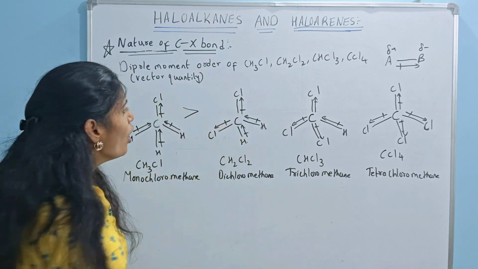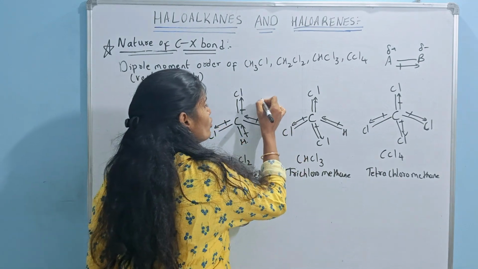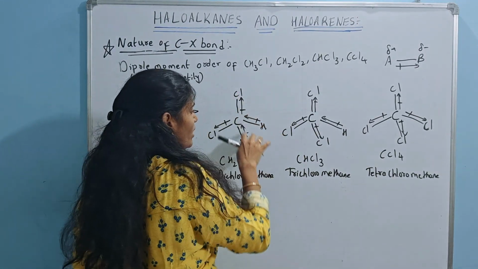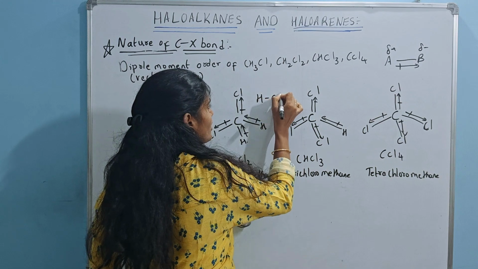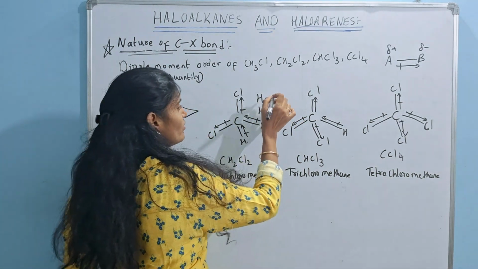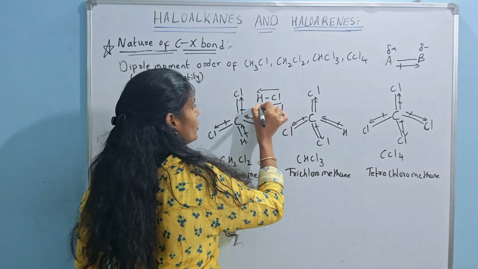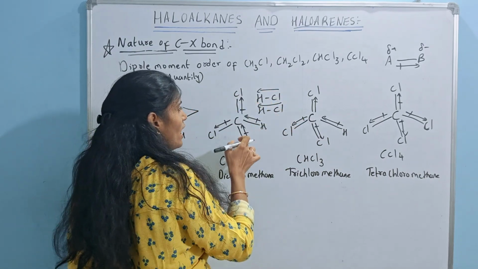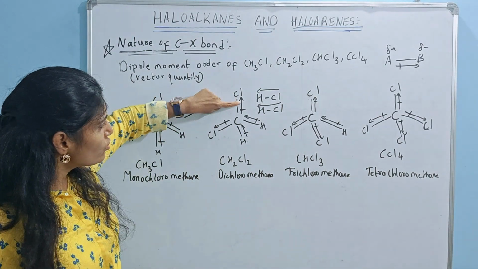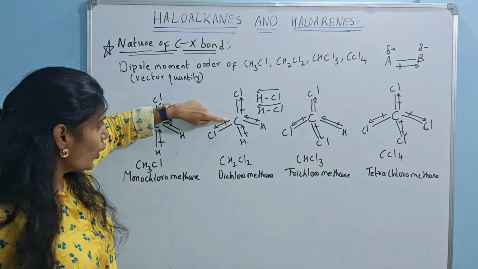So ultimately, my dipole moment is due to this C-Cl bond and this C-Cl bond, the two bonds. Clear? The other two get cancelled out because they are equal and opposite.